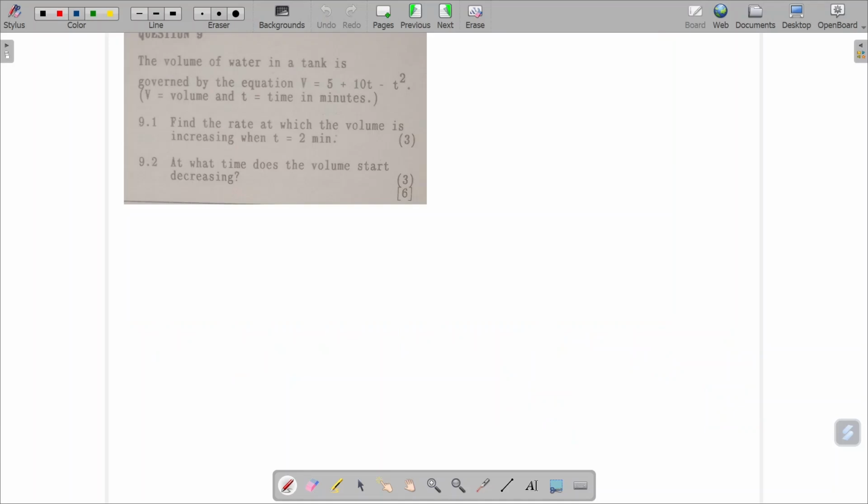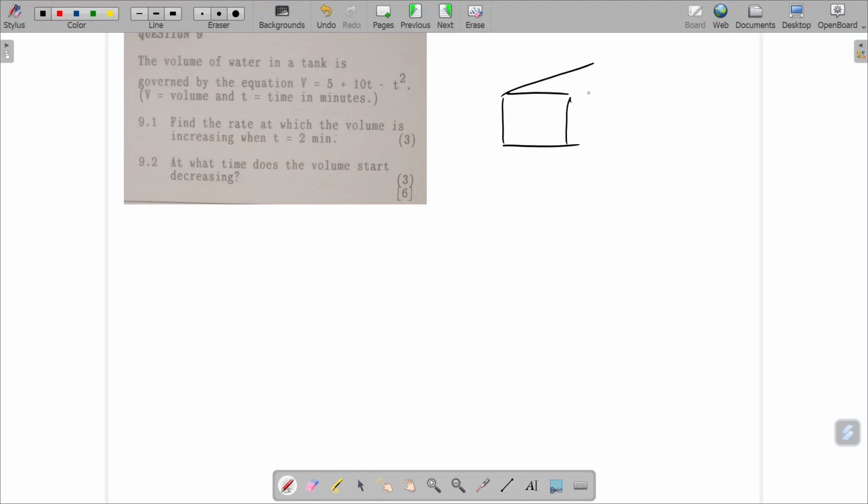Okay, let's have a look at another example. We have a water tank. They don't really make it clear, but I'll suggest that this water tank is some form of cuboid, that it is rectangular in shape.